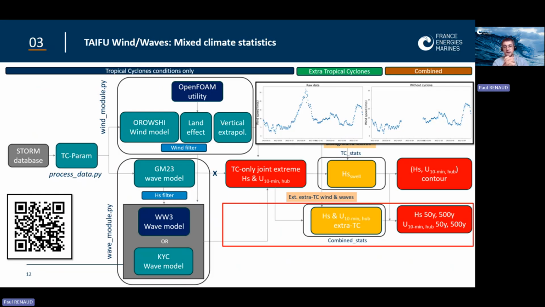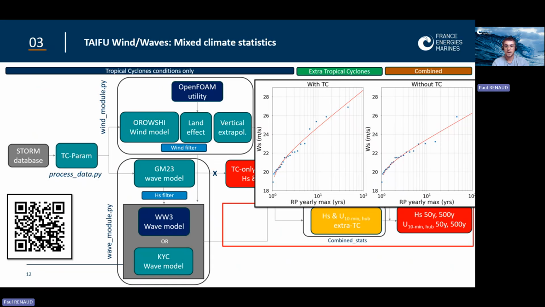And then using a classical extrapolation approach, so a Gumbel fit on the annual maxima, we can obtain the statistics of wind and significant wave height. So this is illustrated here, where on the left is a classical extrapolation method based on the annual maxima with the contribution of TC using the ERA5 database. And on the right, we remove in the time series the tropical cyclone events.